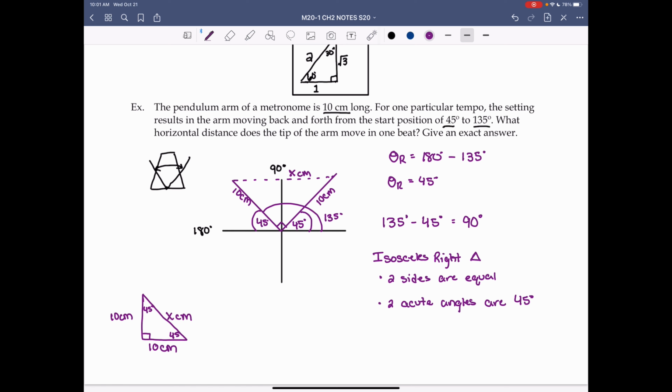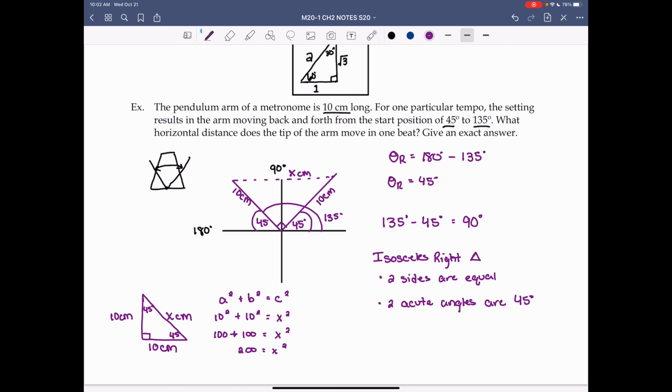So we can use Pythagorean because we have the two sides and we're trying to find the hypotenuse. A squared plus b squared equals c squared. We know a and b. 10 squared plus 10 squared equals x squared. 10 squared is 100. 100 plus 100 equals x squared. Gives us 200 equals x squared.